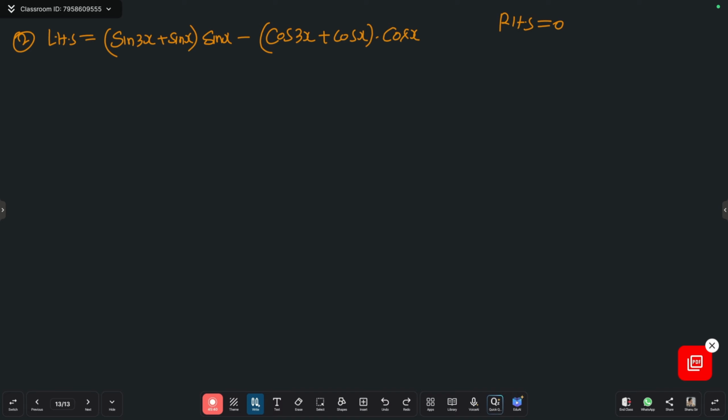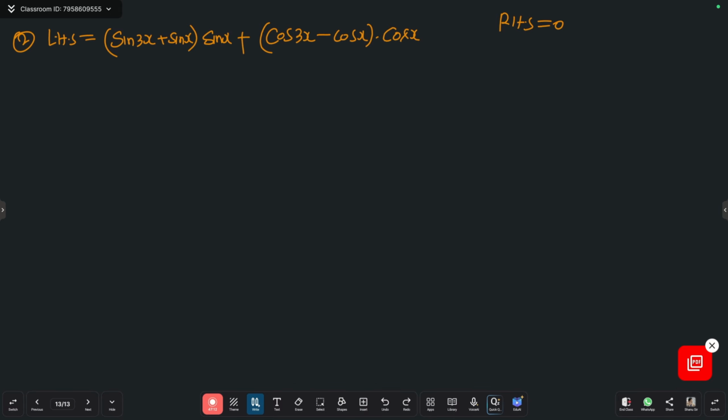So look at this problem, what should be your first step, how to think? You can apply sin c plus sin d, and cos c minus cos d. That thought process is required, you should understand by looking at the problem, okay.